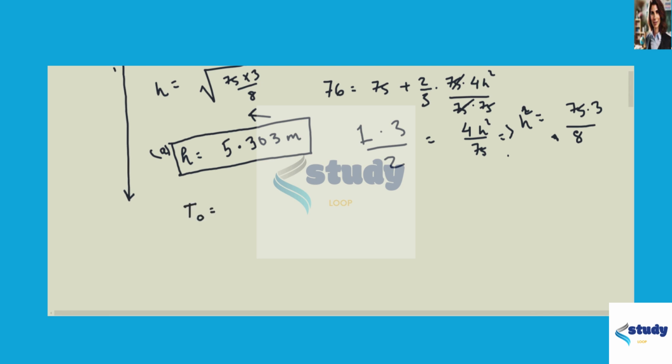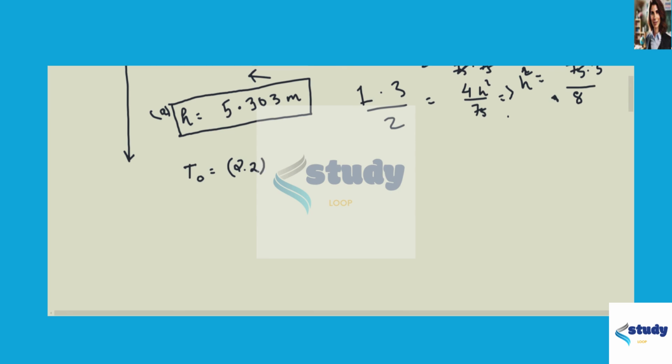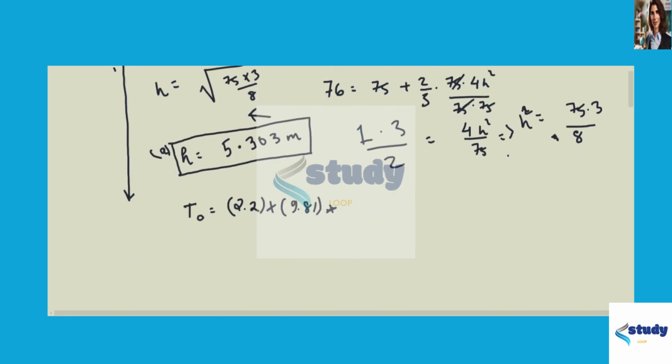So T naught is equal to w that we got from here, 2.2 times 9.81 Newton per meter, times x square. x at this point was 75 over 2, so 75 over 2 times 75 over 2, divided by 2 times the y at that point, which is h that we calculated in the first part, 5.303 meters.